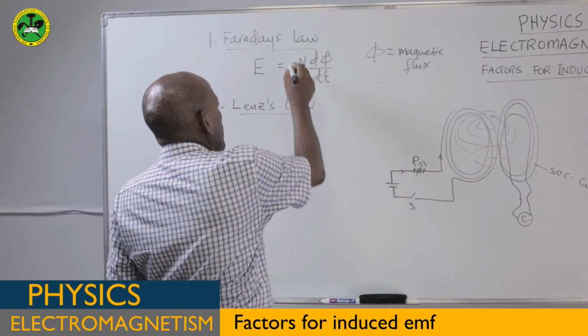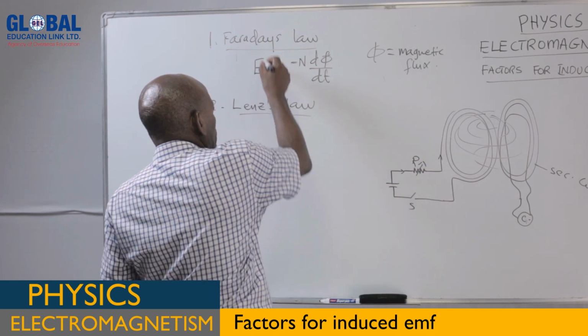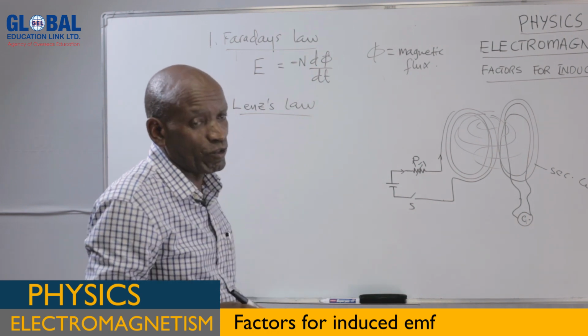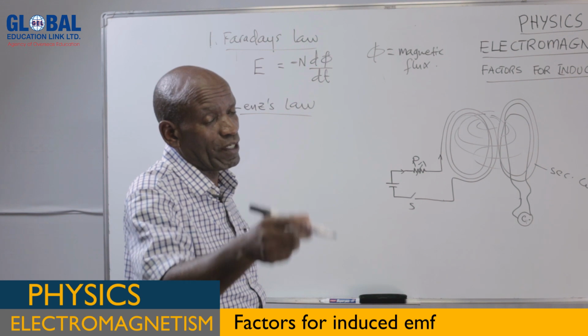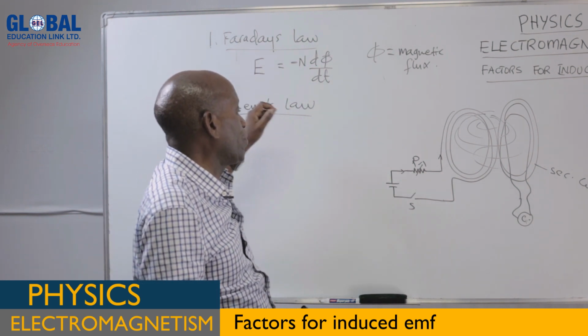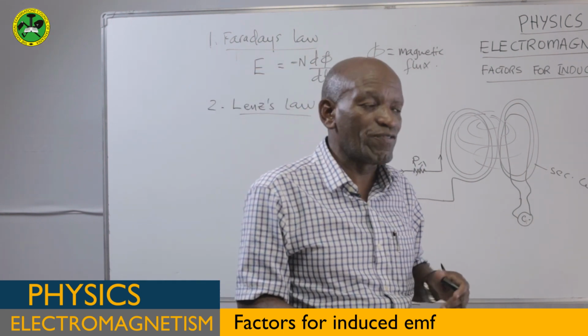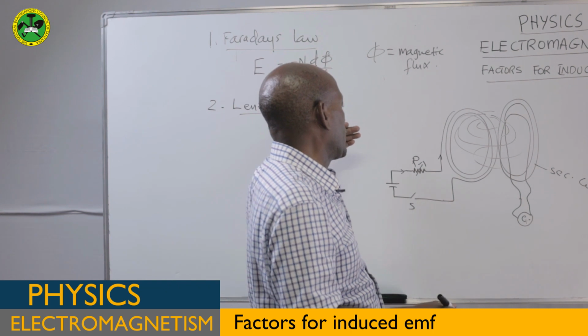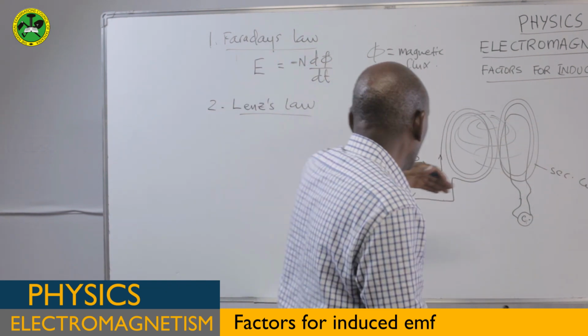So Lenz's law is referred to by a negative sign there, because this EMF is an induced EMF. So it will have a direction in a secondary coil where that particular EMF has been induced. So its direction will depend upon the way the magnetic field is varied. If it were a magnet, we are just moving towards a coil.